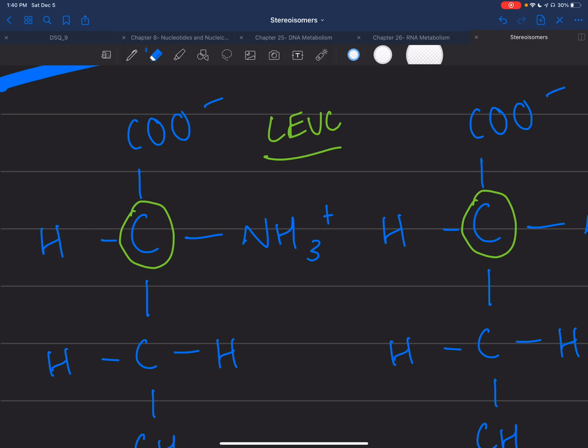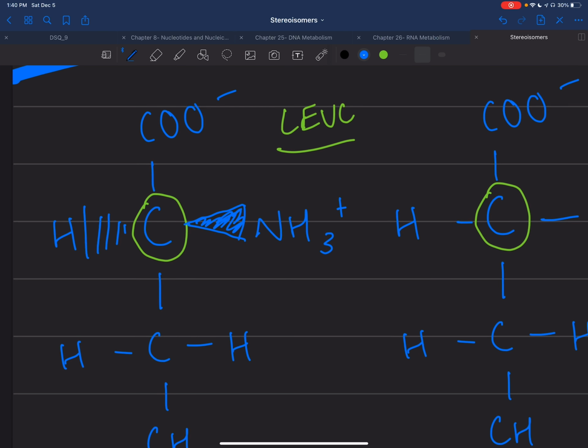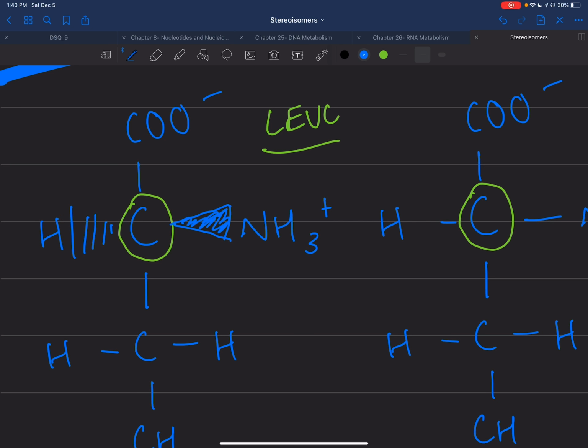Let's make it easy for ourselves, and let's put our hydrogen on a dashed wedge. And let's put our amine here on a solid wedge. Okay, so let's see. We're hitting a nitrogen immediately.